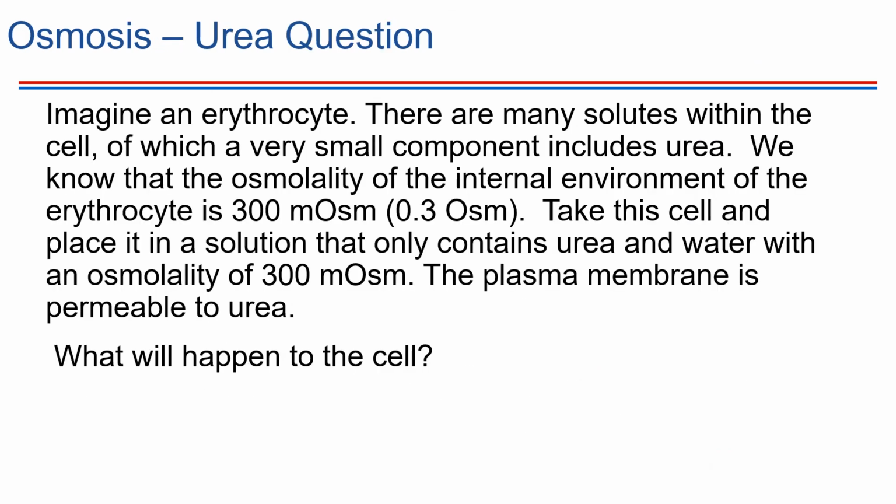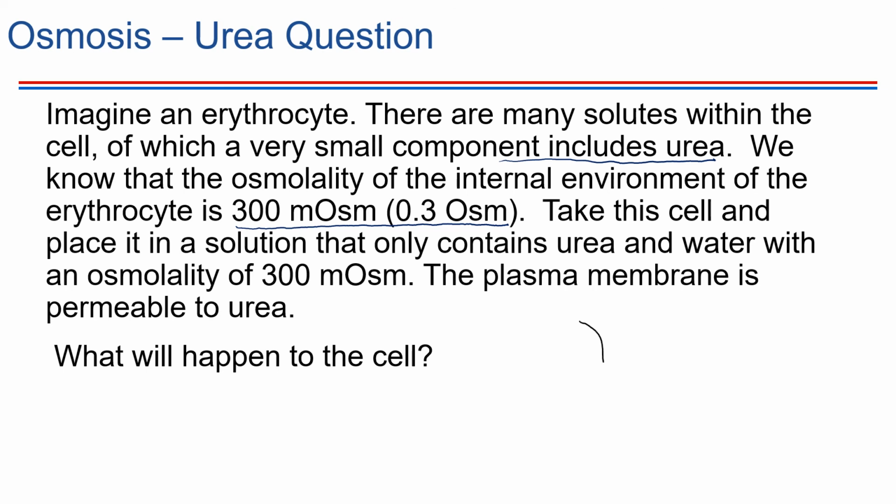So now, I want you to imagine this. Imagine that there's an erythrocyte, a red blood cell, and we know that in that blood cell there's a lot of solutes, of which one of the components is urea. A very small component of this is urea. We know that the osmolality of the internal environment of that cell is 300 milliosmoles, or 0.3 osmoles. So now I want you to take this cell and put it in a solution that contains only urea.